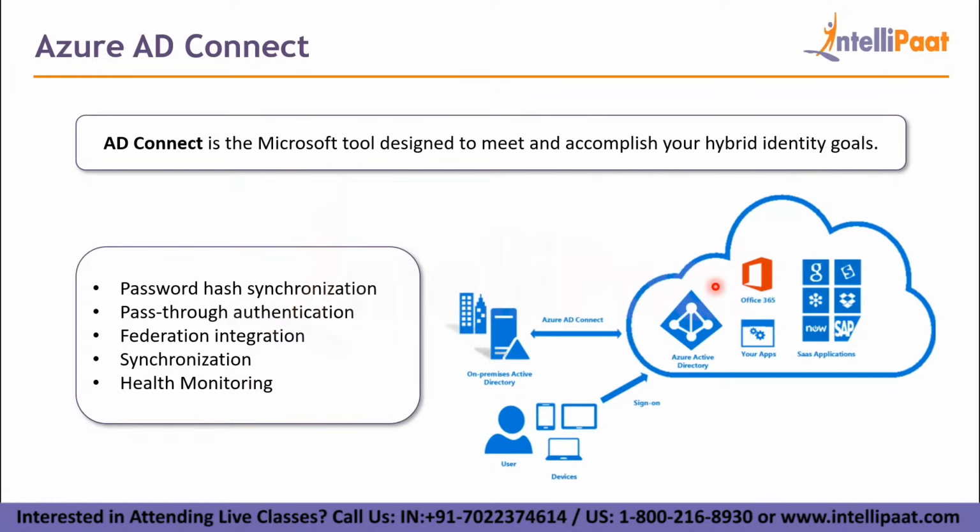To do that, you need AD Connect, which connects the on-premises Active Directory with the cloud. It's an application which you can download, install and set up in your on-premises systems, which gives the user access to the on-premises system directly from logging into Azure Active Directory.